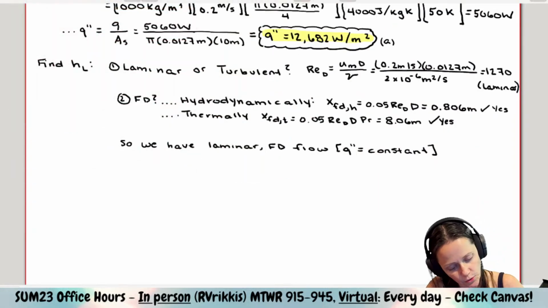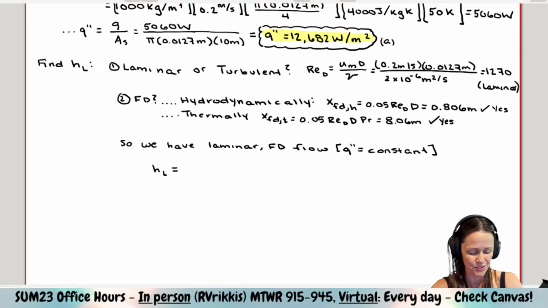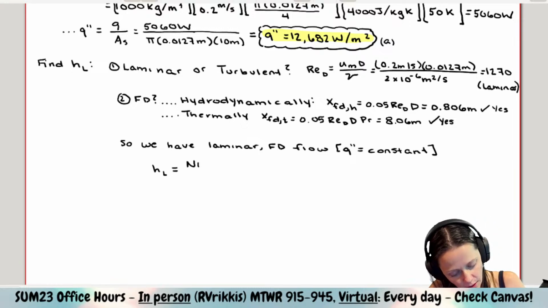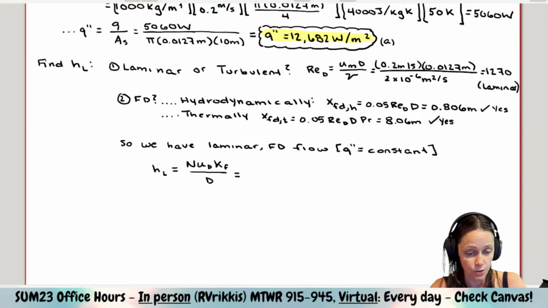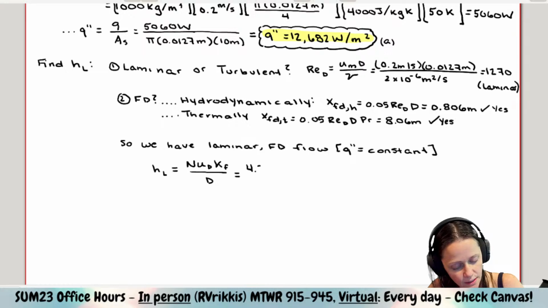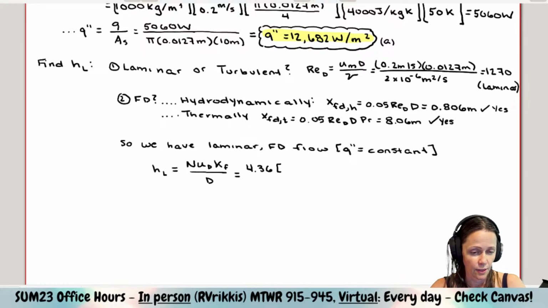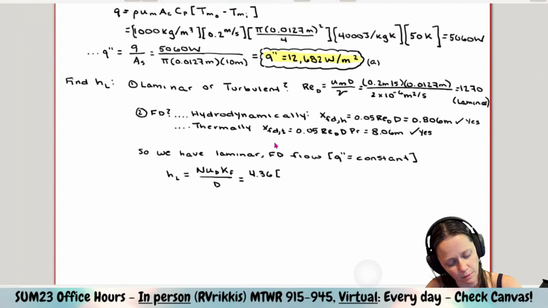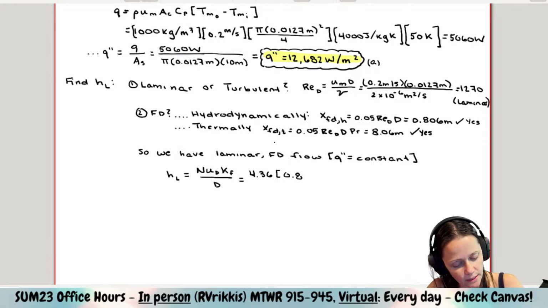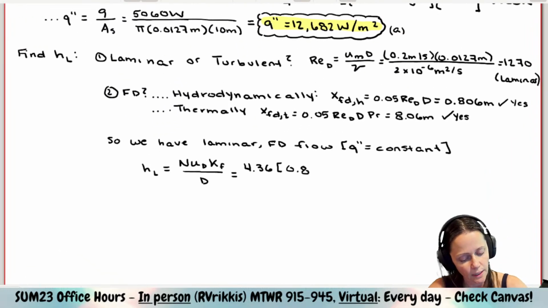All right. So I know that my local heat transfer convection coefficient is going to be my Nusselt number times the thermal conductivity of the fluid over my diameter. So the local Nusselt number is 4.36. Thermal conductivity of my fluid is in my problem statement, so 0.8 watts per meter Kelvin.